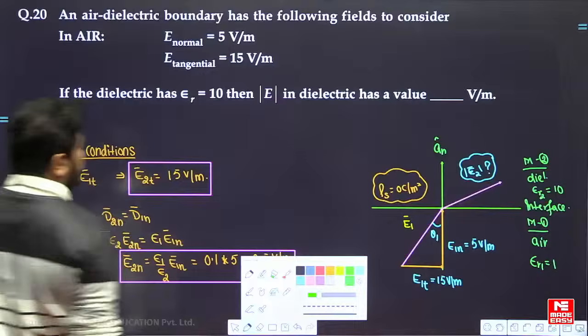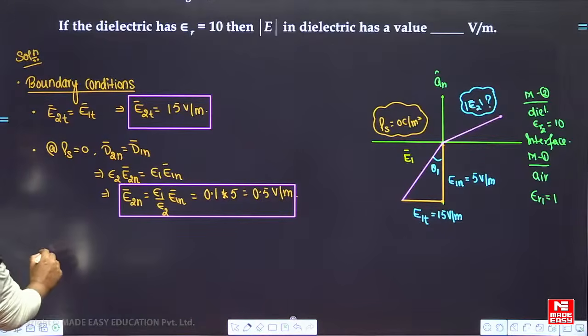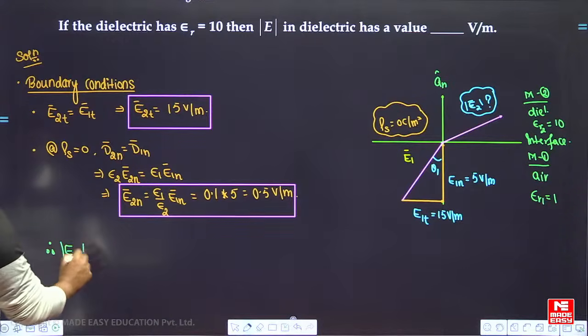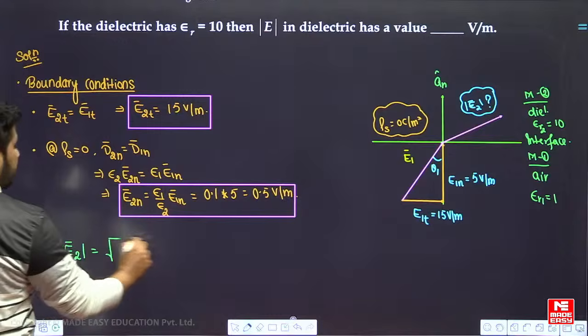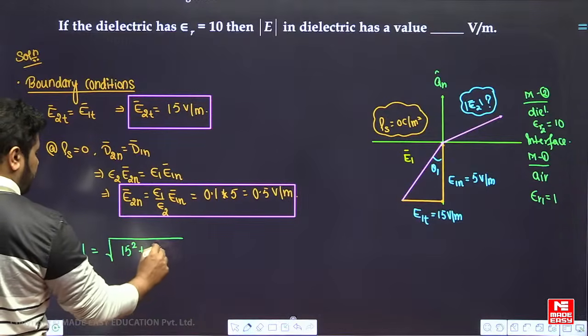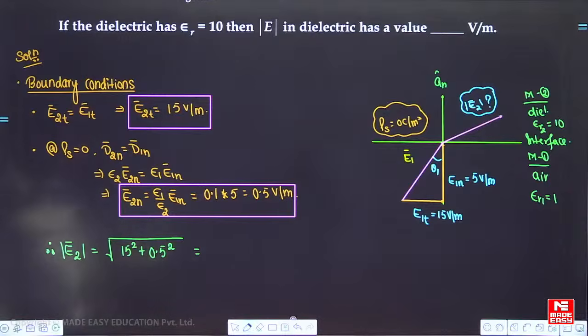Therefore, what is your E2 vector, sorry, mod of E2? So, mod of E2 will be how much? It is root under 15 square plus 0.5 square, is it?